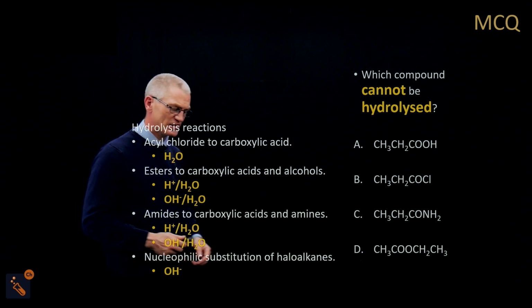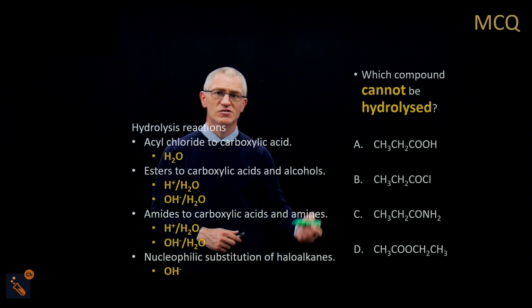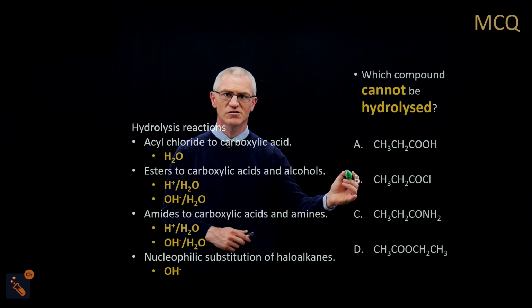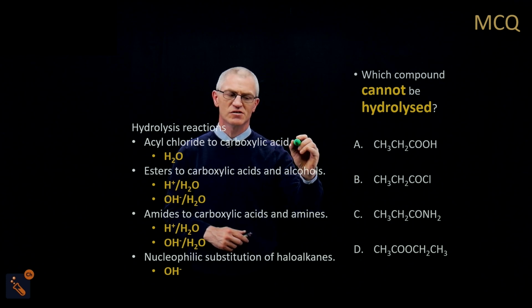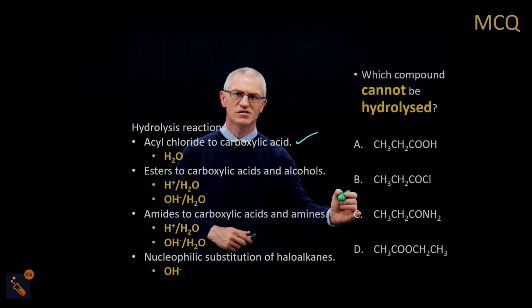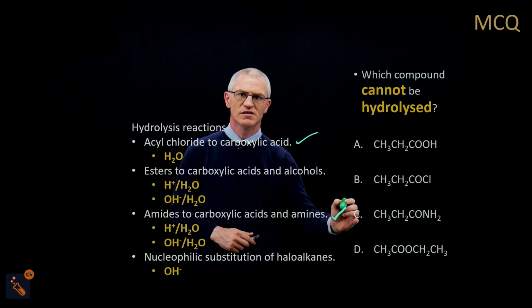Now, if that is the case, we should be looking across here and saying, right, okay, which one do I think cannot be hydrolyzed? Well, I've got an acyl chloride here, so this B is an acyl chloride. So therefore, that'll be our first one. So that's done. That's definitely hydrolysis. Then we go to C, which is an amide. Well, an amide is here, and that is hydrolysis.